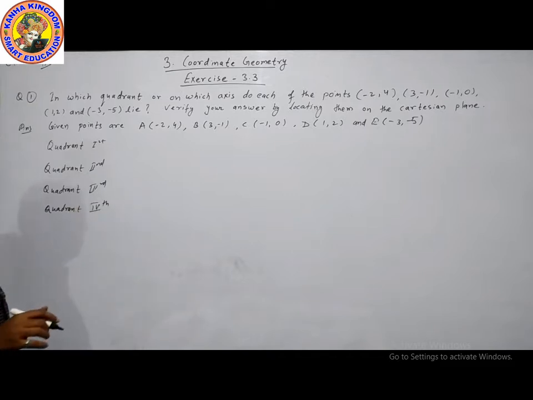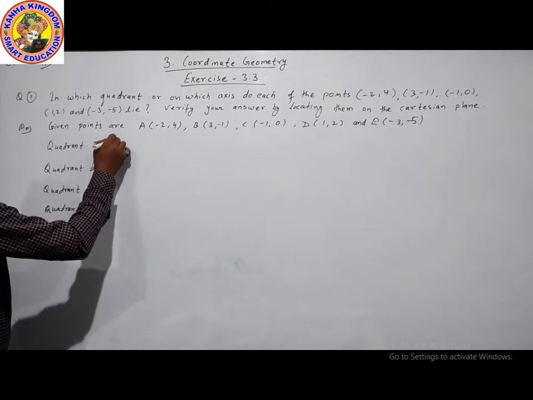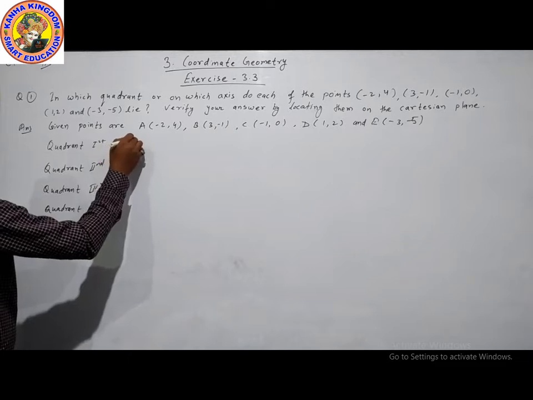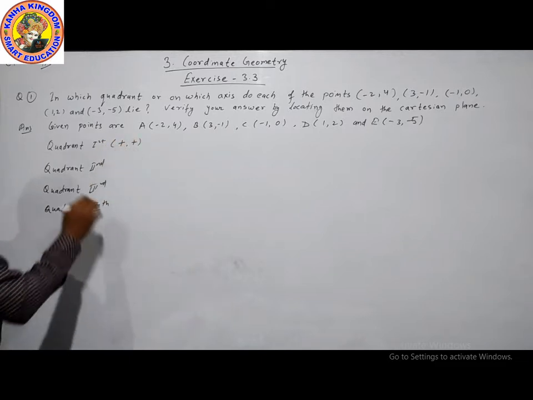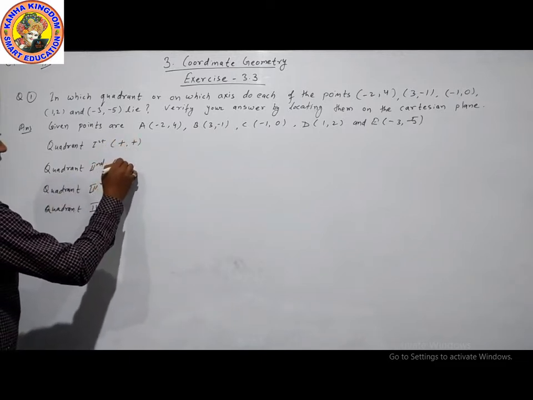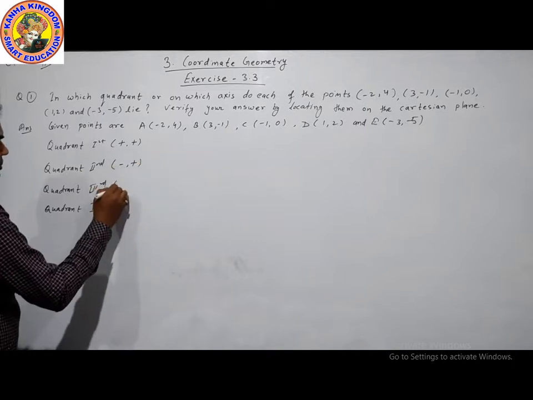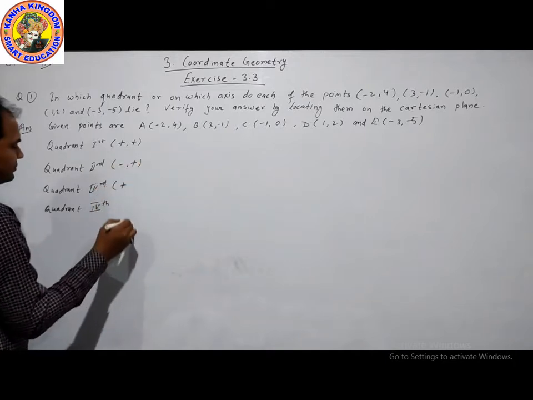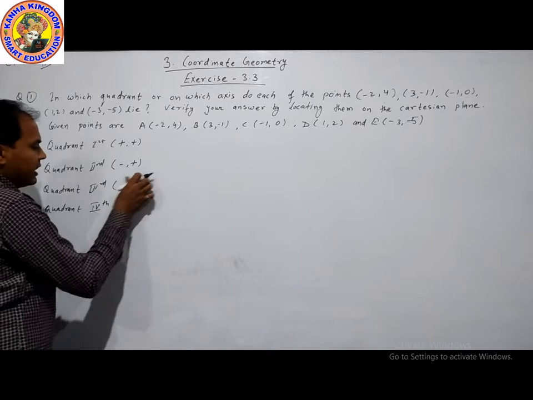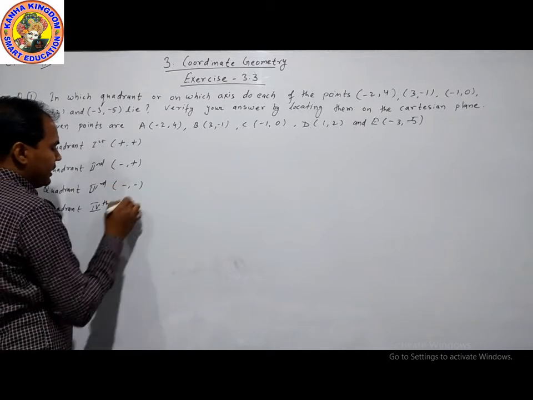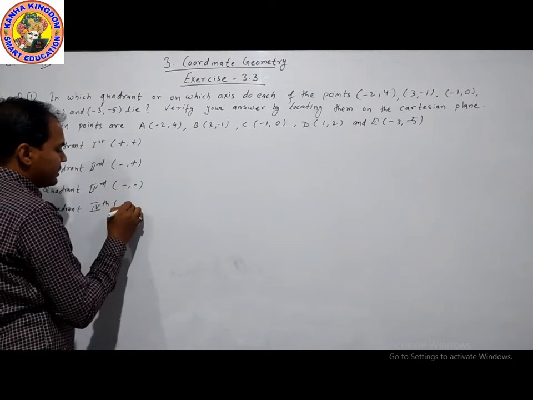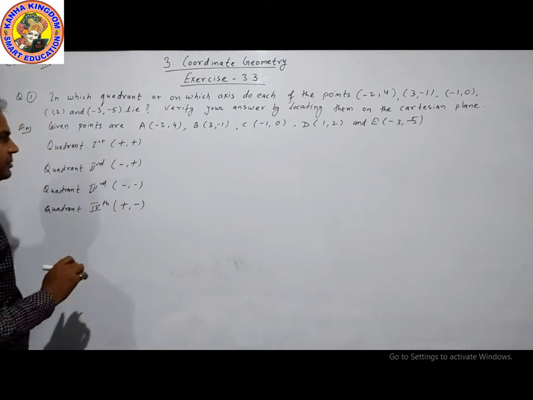There are 4 quadrants. In the first quadrant, we know that x and y both are positive. In the second quadrant, x is negative, y is positive. In the third quadrant, they both are negative. In the fourth quadrant, x is positive, y is negative.